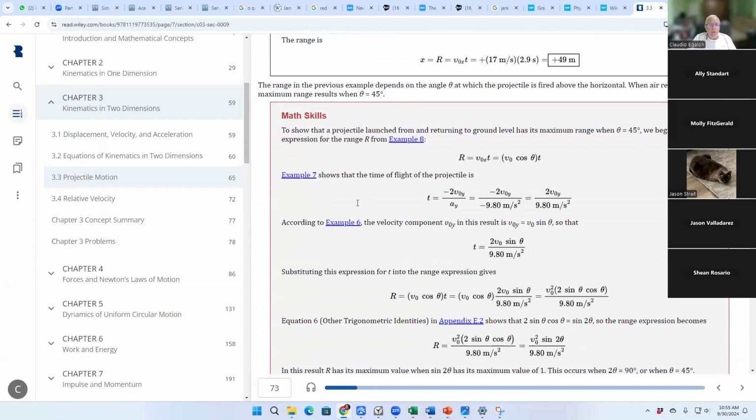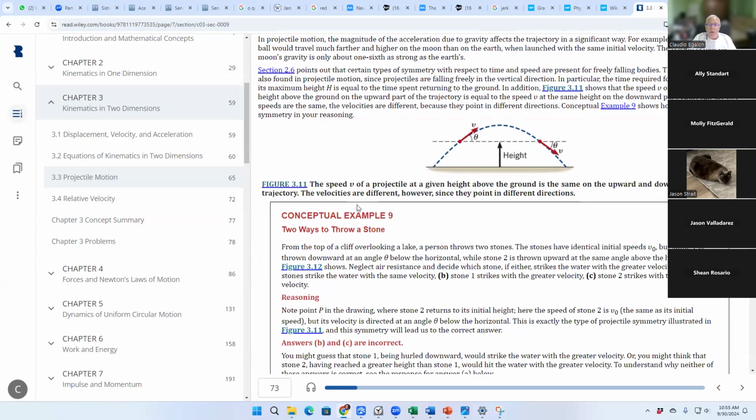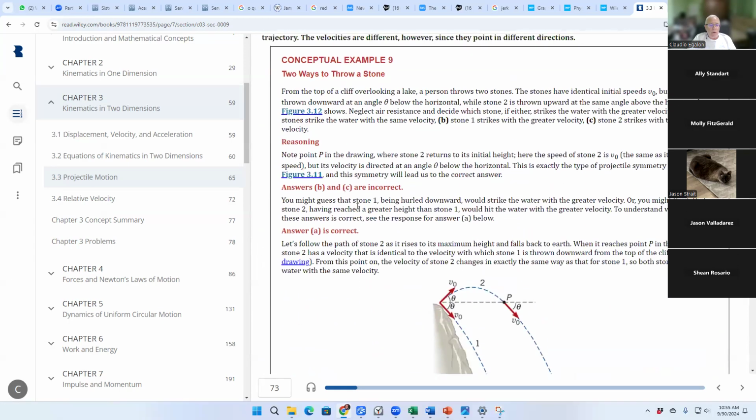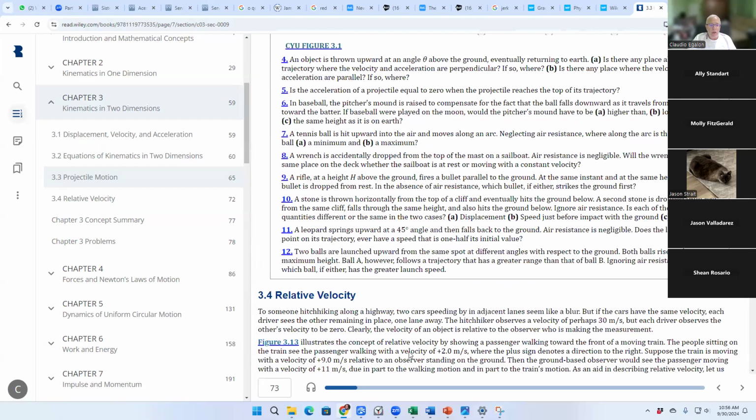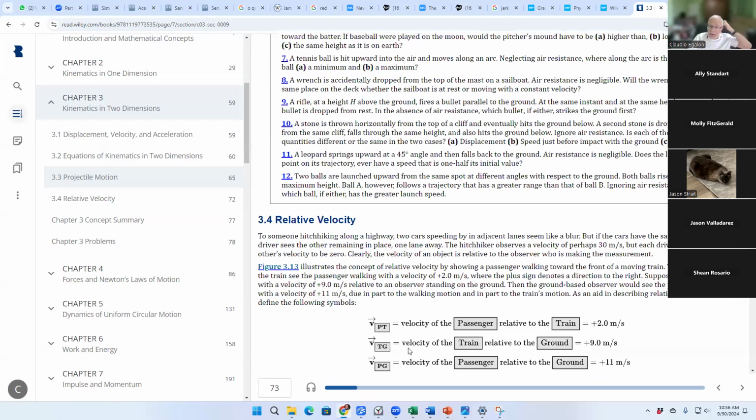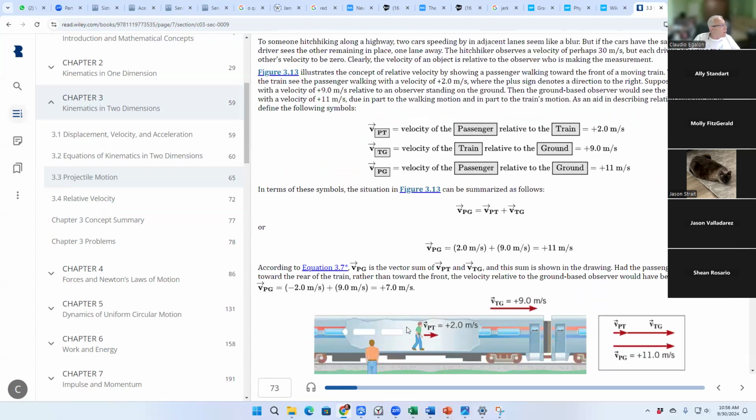Range of the kickoff. Okay, and then you have other types of problems. Propelling the projectile at this angle. Okay, the equations are the same, but you have to think a little bit how you do that, okay? Any questions?